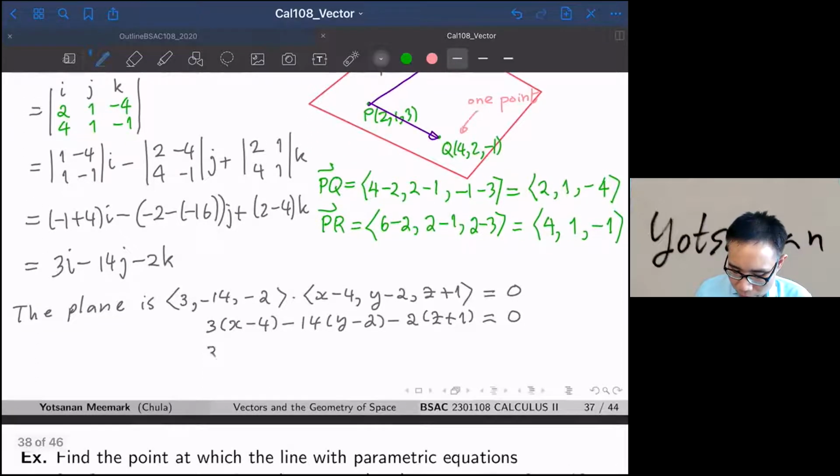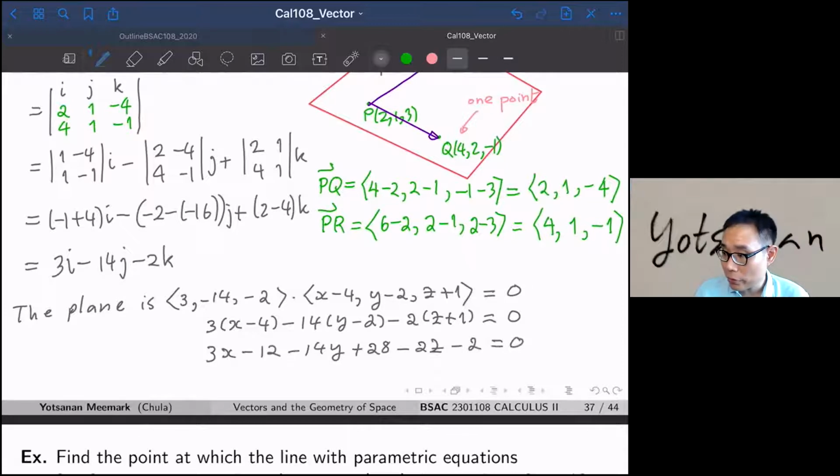So this will be 3x minus 12 minus 14y plus 28 minus 2z minus 2 equal to 0.